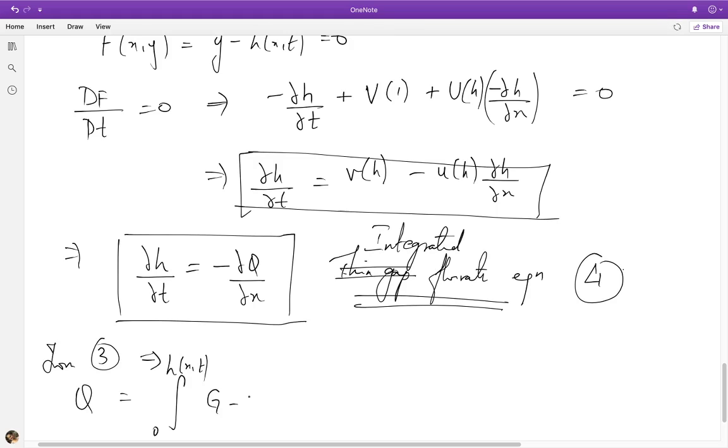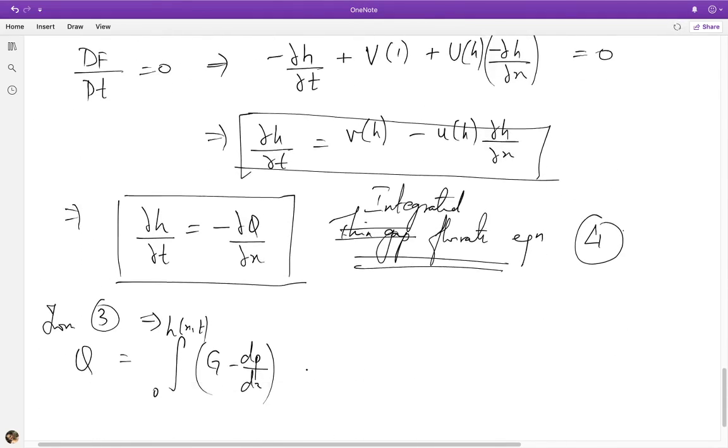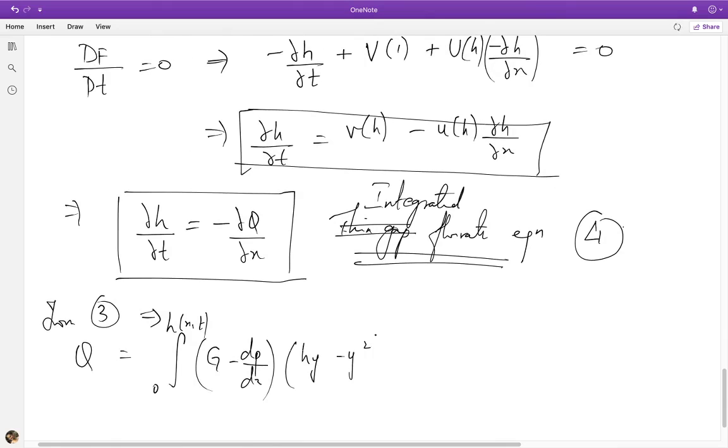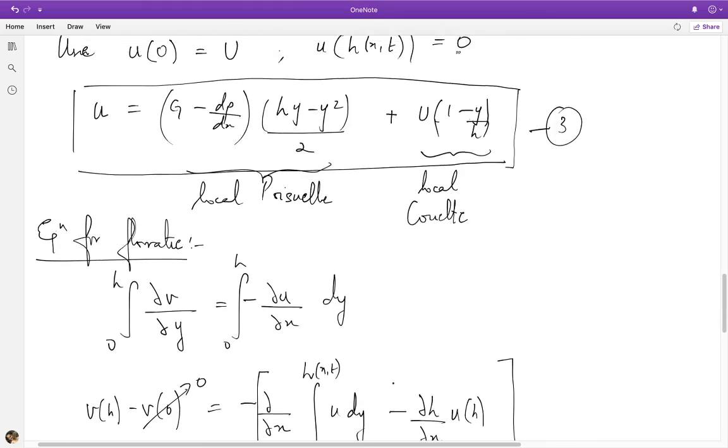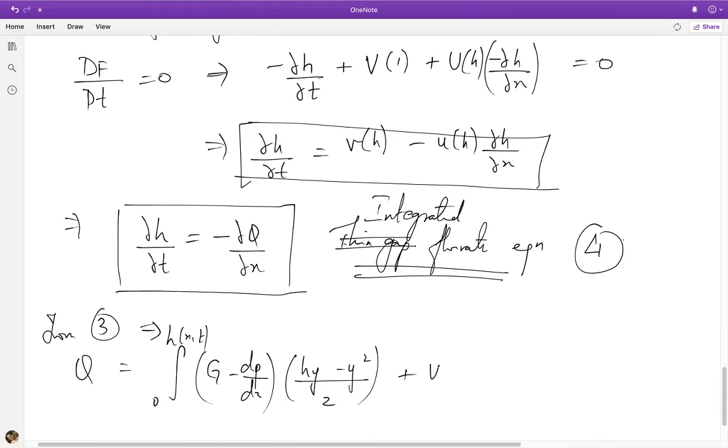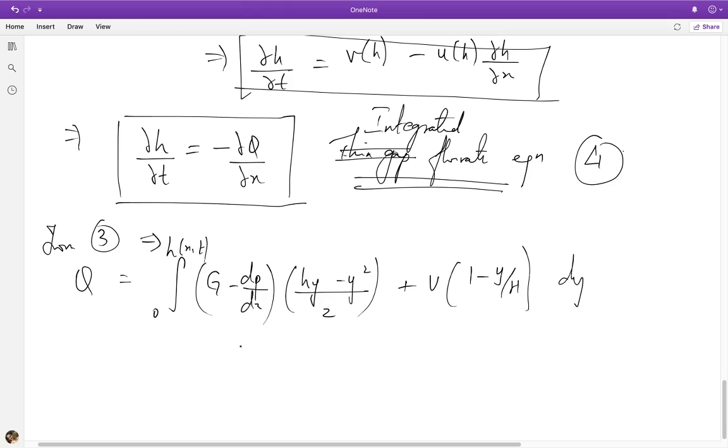Remember I had (g minus dp/dx) times (hy minus y squared), the whole divided by 2, plus u times (1 minus y/h) dy. So what's required now is I simply do one integration, which is straightforward because these are just simple polynomial functions, and then apply the limits so that I get the flow rate in terms of dp/dx and the thickness of the gap h.